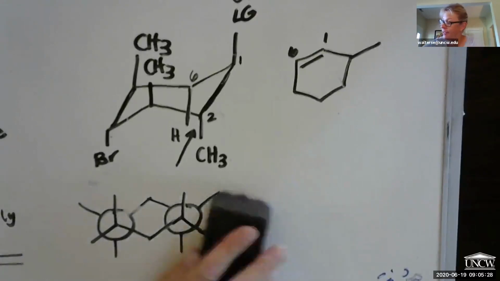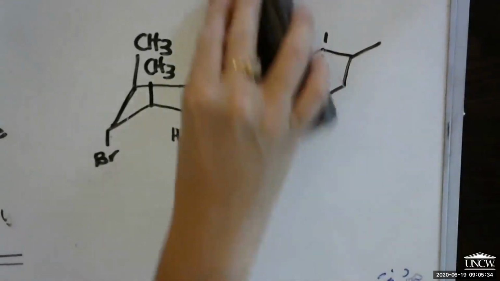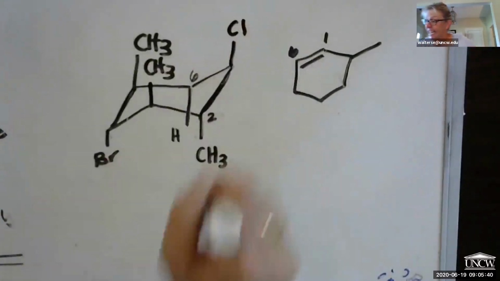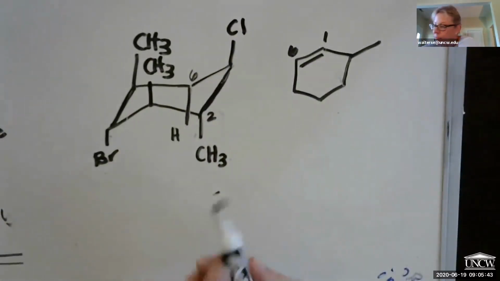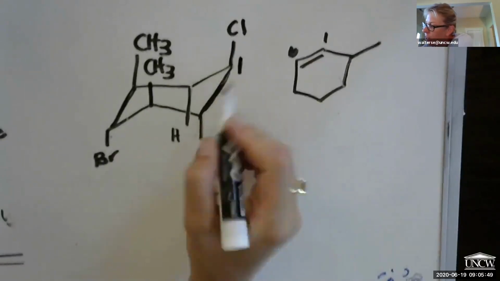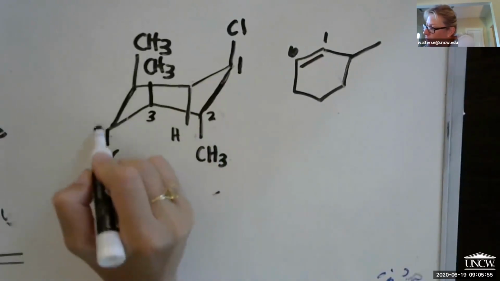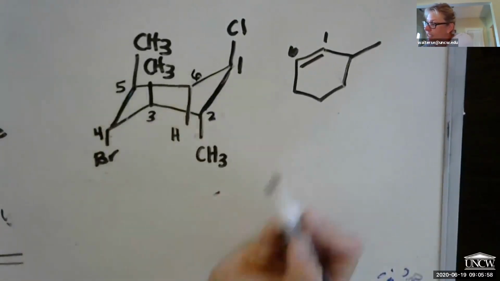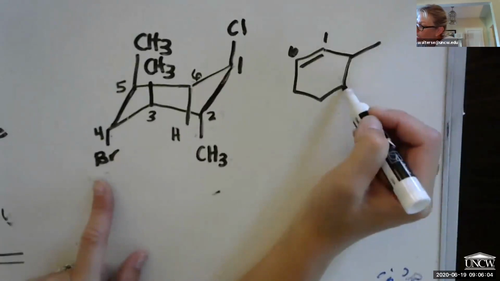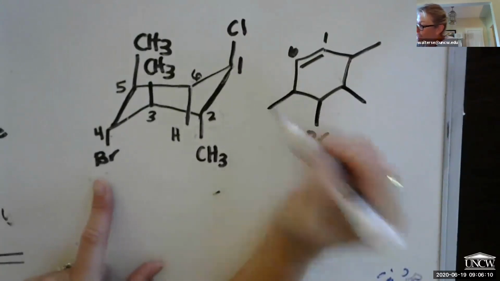But let's say you had this compound. And it did have all that stuff on there. Now the numbers for naming don't really matter. 1, 2, 3, 4, 5, and 6. Your pi bond would still be between 1 and 6. 2 has a methyl, 3 has a methyl, 4 has a bromine, 5 has a methyl.